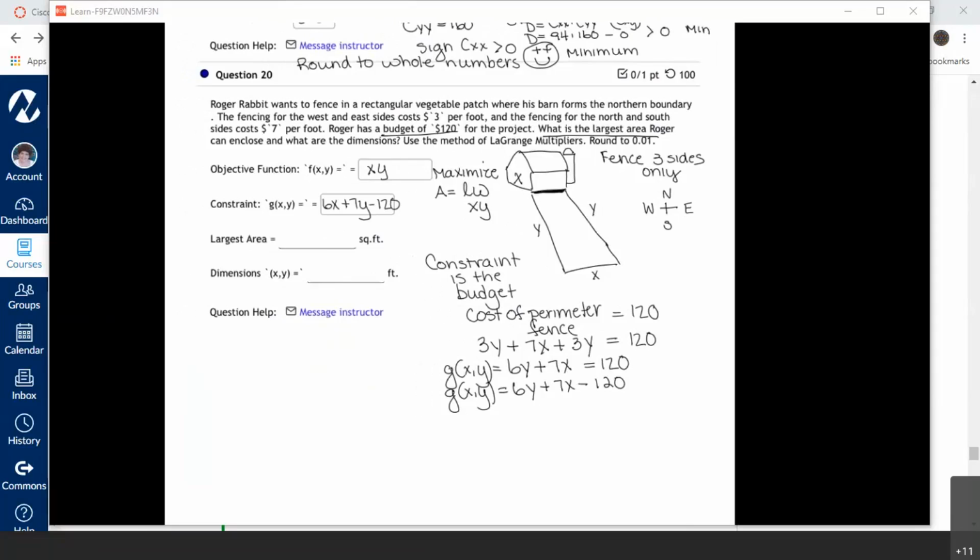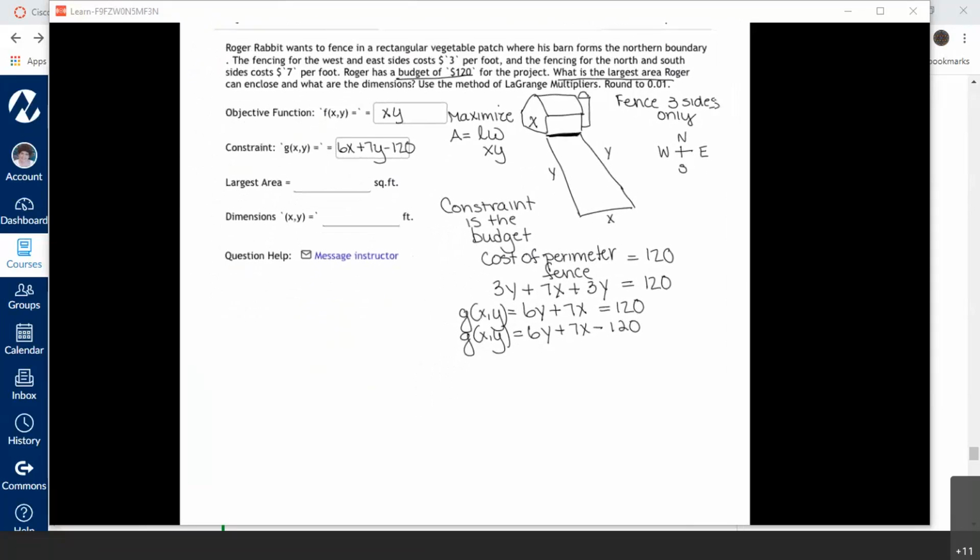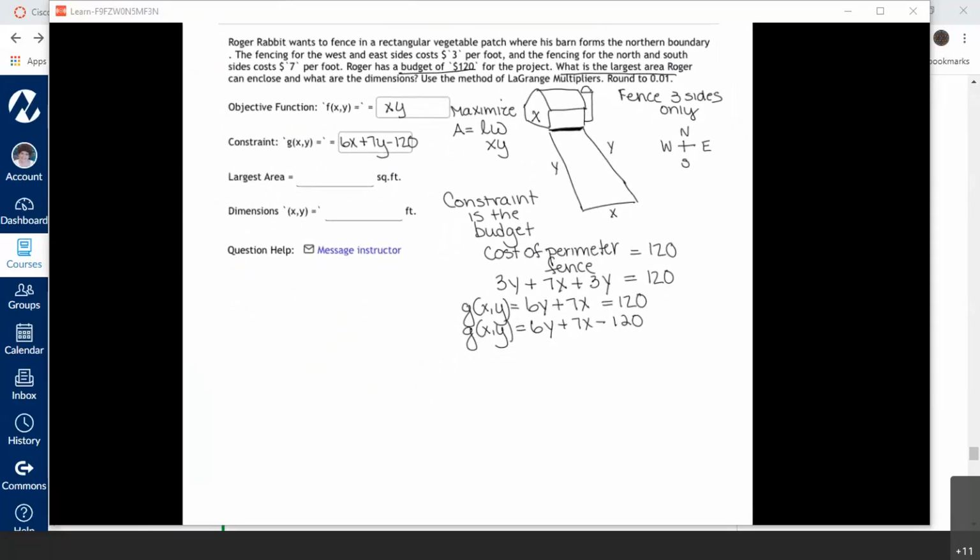And pretty much you can do this with the method of Lagrange multipliers. I will show you how to do it by hand first, and then I'm going to show you how I solve this with Excel, because that's what you're going to do in the real world. So here's the Lagrange multiplier method. You build the Lagrange function of x, y, lambda, and that's your objective function minus lambda times your constraint. Remember this can be plus or minus. I happen to use minus.